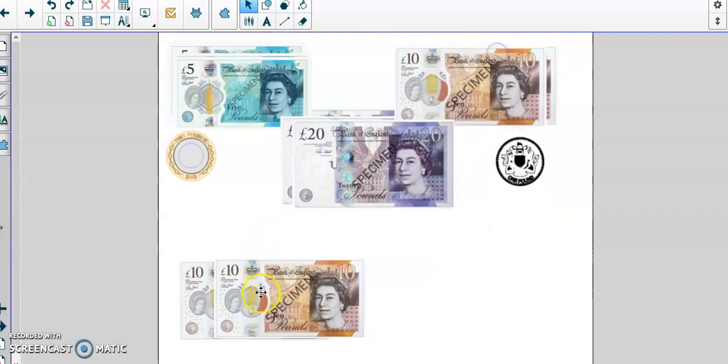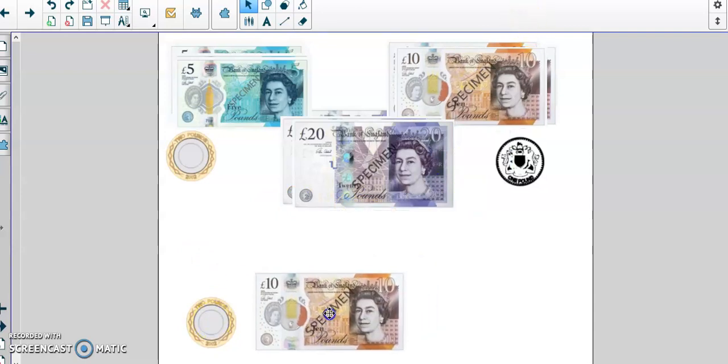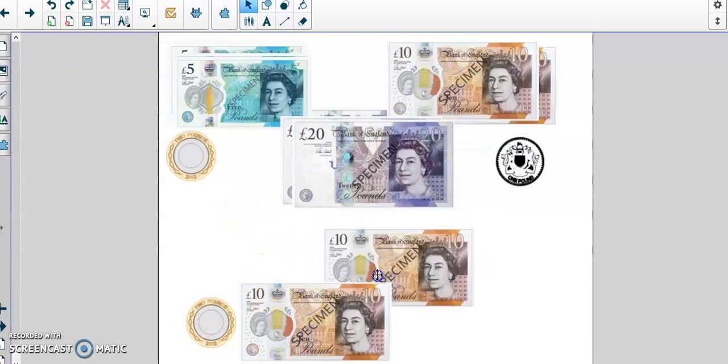And let's do just a little bit more tricky counting. This time I'm going to have a £2 coin for us to start with. So here we've got £2. If I add 10, think what that's going to be altogether. £2 and a £10. You'll be correct if you said 12.